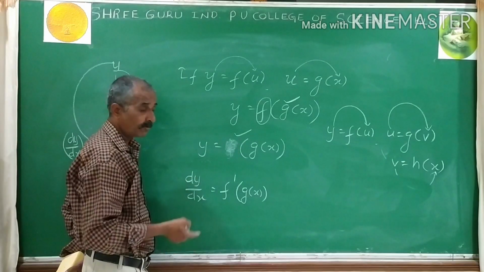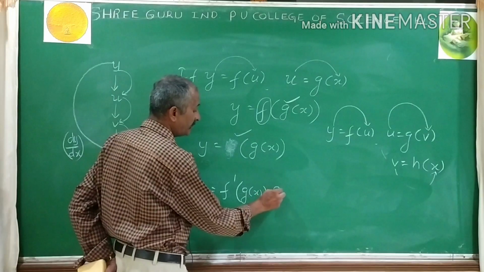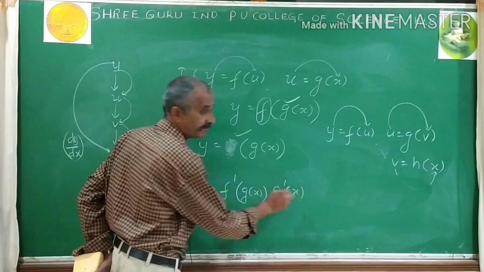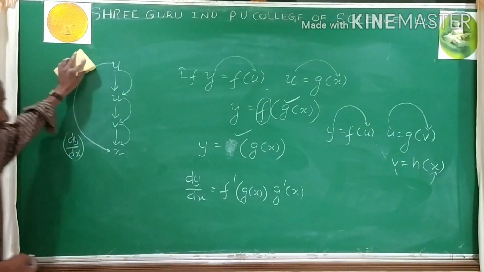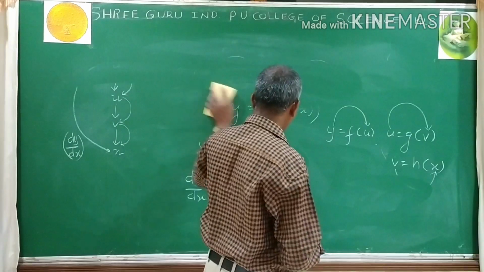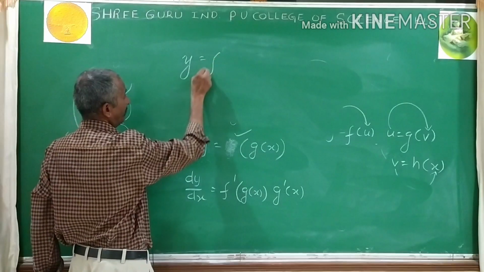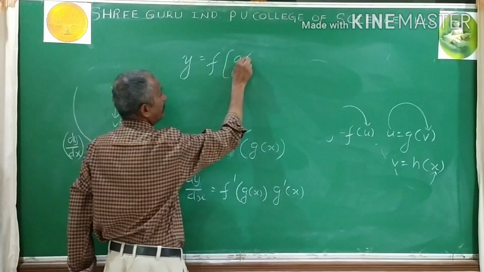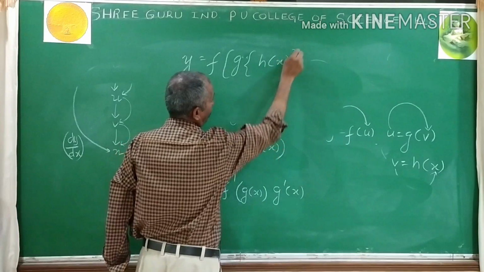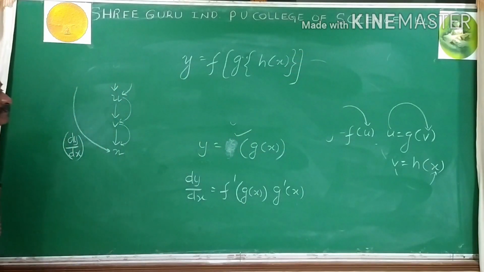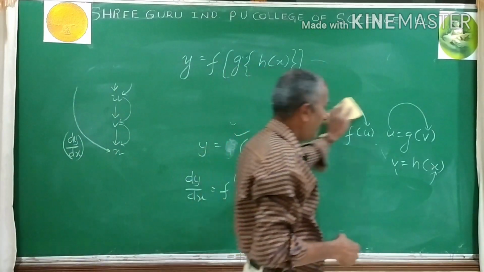Still we have one more function. What is that? g of x. So into the differentiation of g of x, which will be g dash of x. Like this, one can calculate the differentiation of a composite function. Similarly, we can extend it. Suppose y equals f of g of h of x. That means y is undergoing three functions, namely f function, g function, as well as h function.